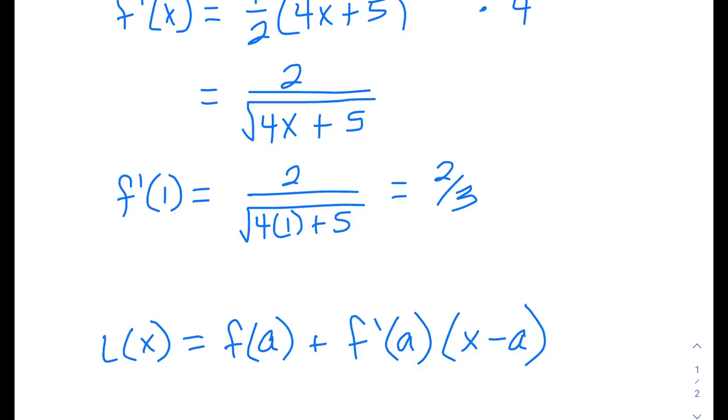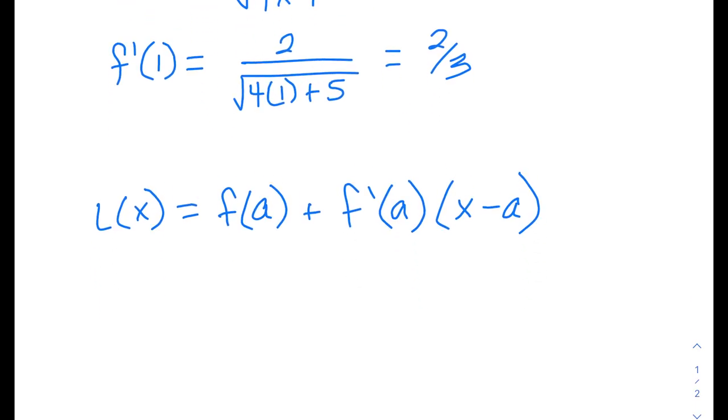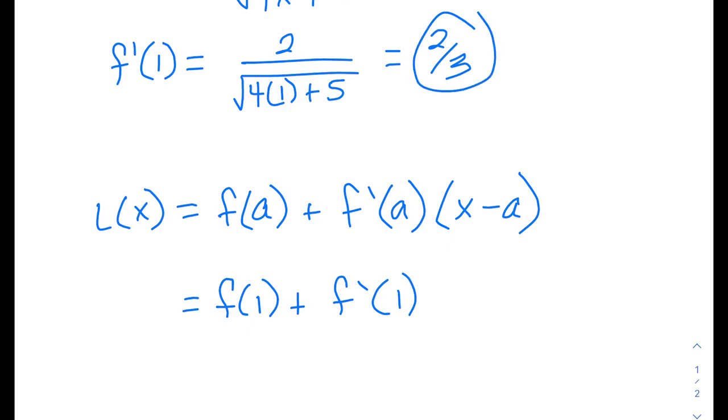And here we can plug in our a is going to be equal to 1, and so we would get f of 1, which is 3, and I'm just going to plug it in first. F prime of 1, which we know from up here is 2/3.